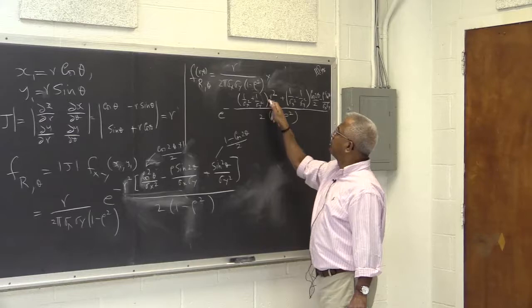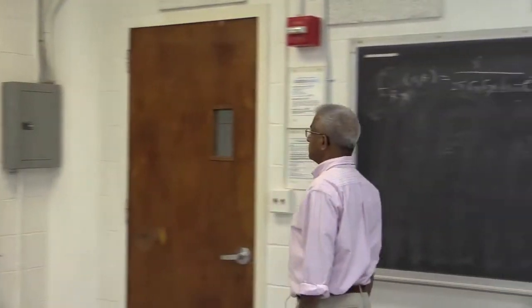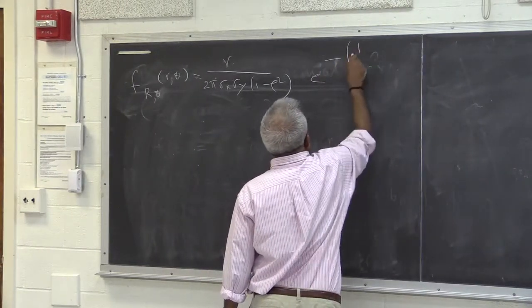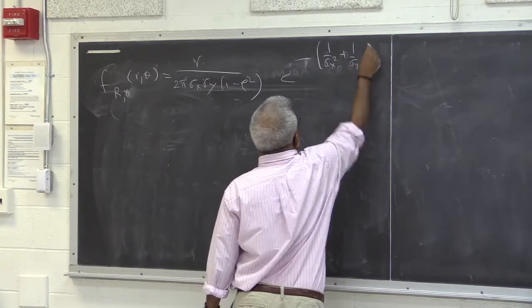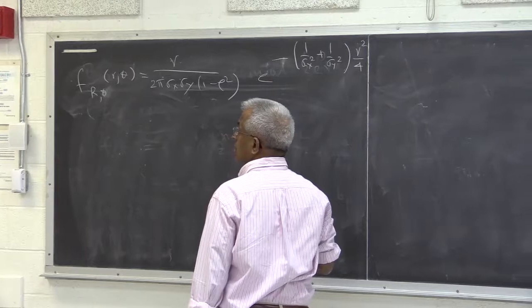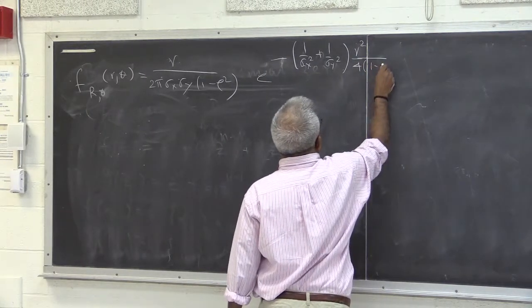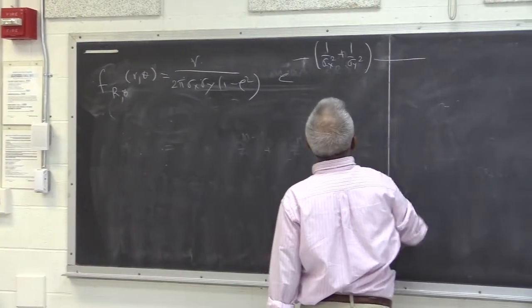notice that this term only depends on r, so we are going to pull this out. So e raised to minus 1 over sigma x squared plus 1 over sigma y squared multiplied by r squared by 4, right, multiplied by 1 minus rho squared.